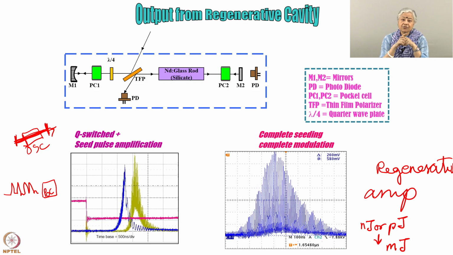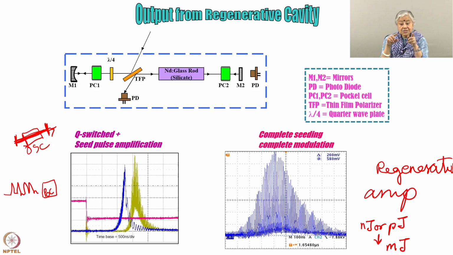So this is a disadvantage in a regenerative amplifier, where you get this additional spontaneous emission which is amplified. You want to eliminate that, but it is there.